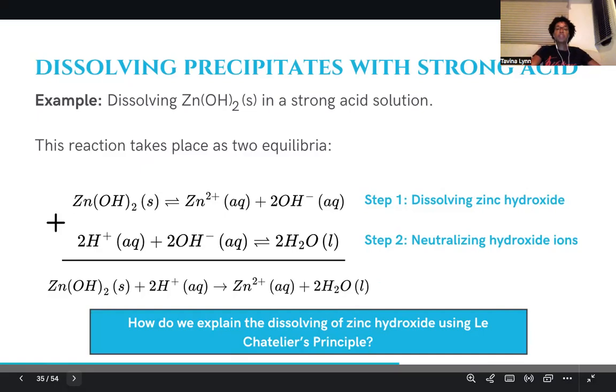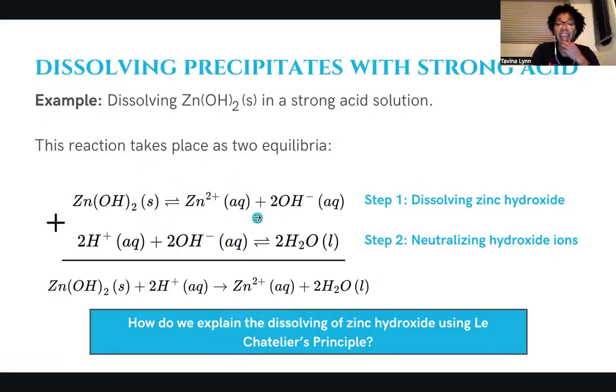Essentially, if we just have zinc hydroxide in water and we were to look up the Ksp, we'd probably see that it's a small number. So it's sparingly soluble. But if we add a strong acid, because it's neutralizing these hydroxide ions, it's essentially decreasing the amount of products, specifically the hydroxide ions.